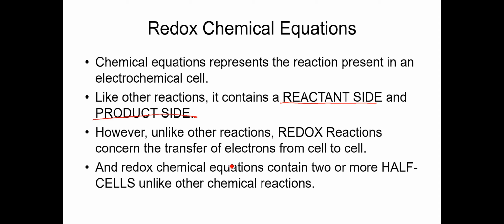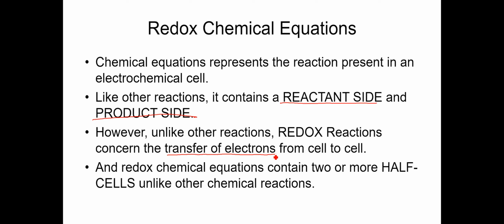So, doon sa ating mga balancing chemical reactions, napapansin natin, binabalance lang natin yung atom on both sides. So, in this redox reaction, we balance actually the atoms and the electrons from cell to cell. And redox chemical equations contain two or more half cells, unlike other chemical reactions.